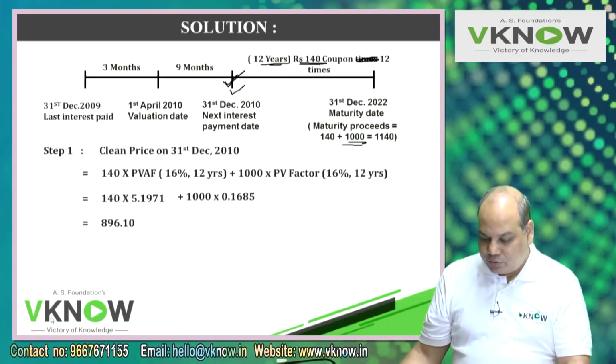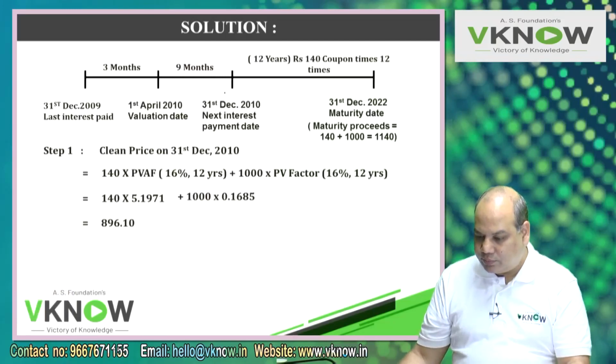Okay. So understand where we are standing right now. 1036 is the value here. Don't write, understand. So this I have to discount and bring it here. So the number of months are 9 months. 9 months means 9 by 12 years.